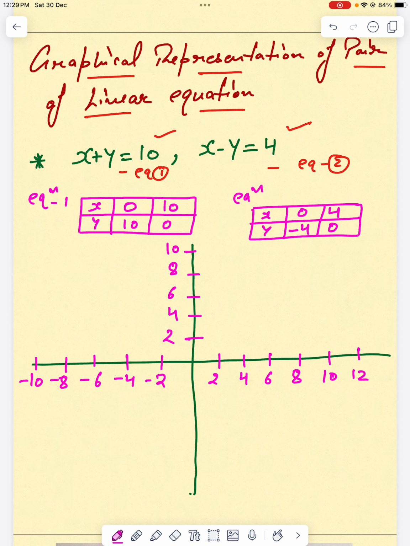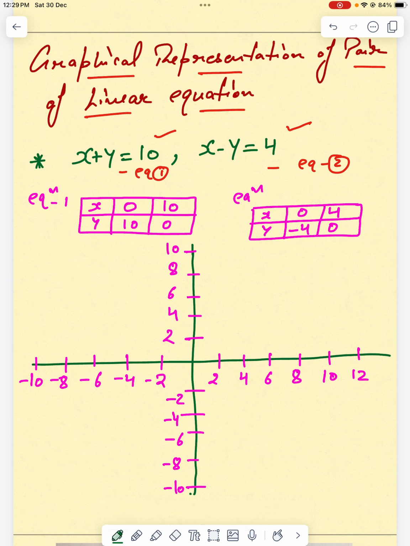And down the negative y-axis will be minus 2, minus 4, minus 6, minus 8, minus 10. See, I am drawing a rough sketch here. You can solve it on graph paper as well. You can draw it on your own by taking one graph paper, right?